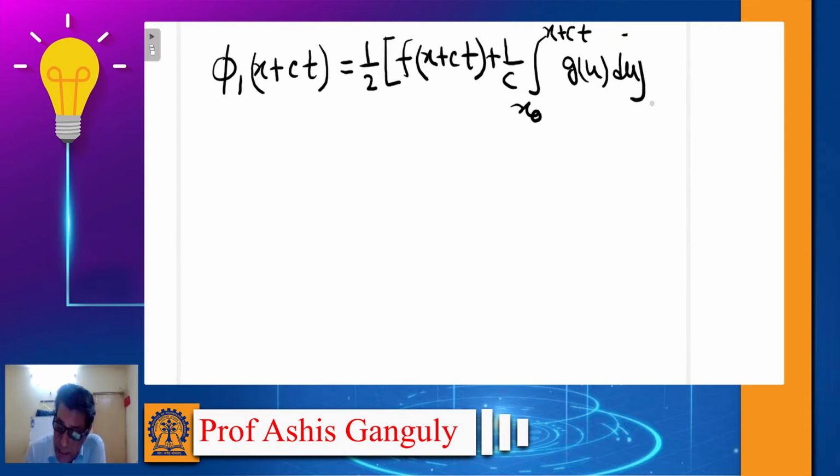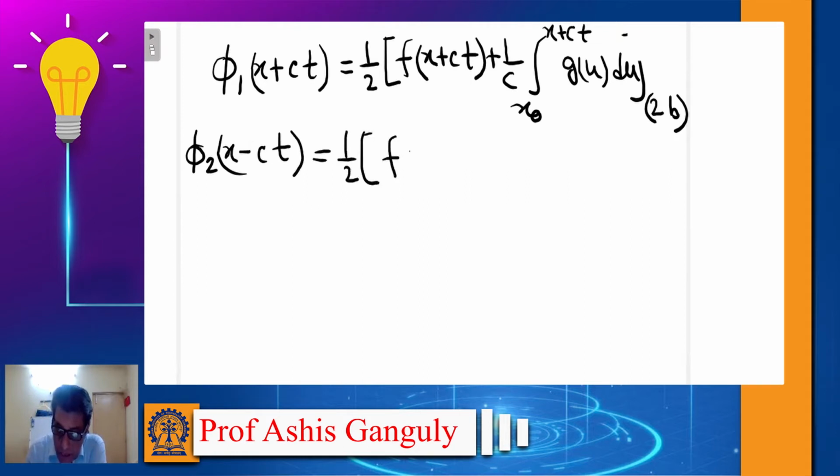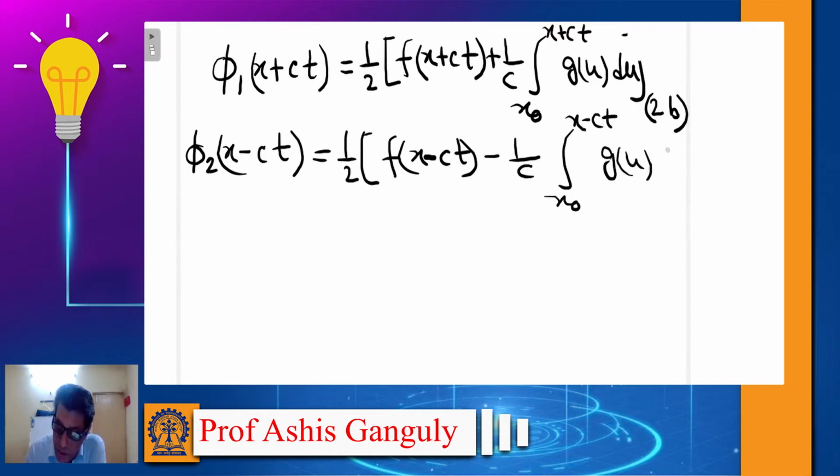Let us label it as 2b. And phi 2 of x minus ct was half f(x minus ct) minus 1 by c integral from x0 to x minus ct of g. Let us label it as 2c.